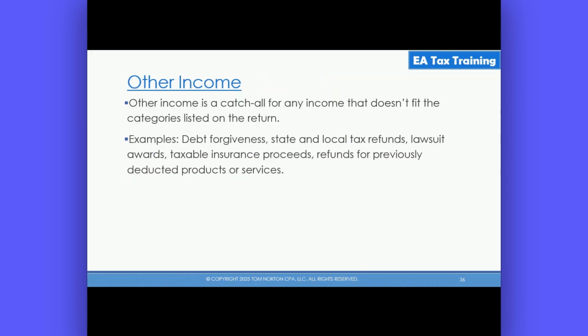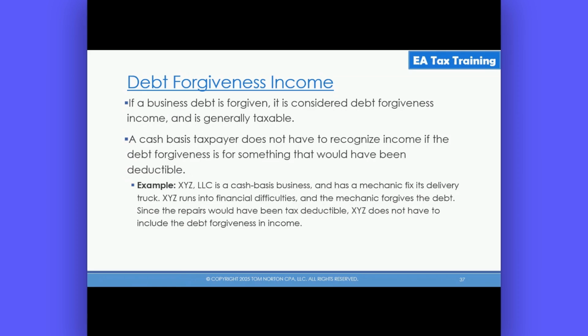Other income. So this is, as I said, a catch-all for any income that doesn't fit into any of the other categories. So some examples would be debt forgiveness income, state and local tax refunds, lawsuit awards, taxable insurance proceeds, refunds for previously deducted products or services. So let's specifically look at debt forgiveness income because they like to test this on the EA exam. If a business debt is forgiven, it is considered debt forgiveness income, and generally it is going to be taxable.